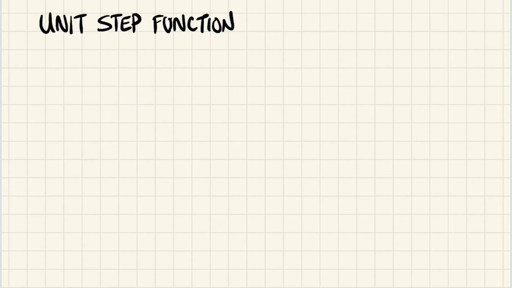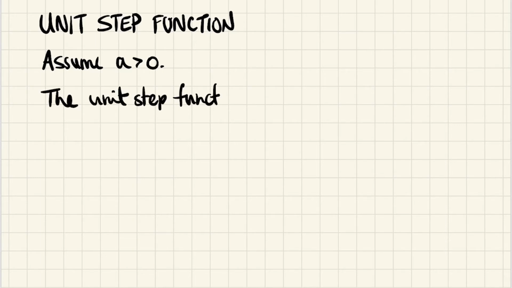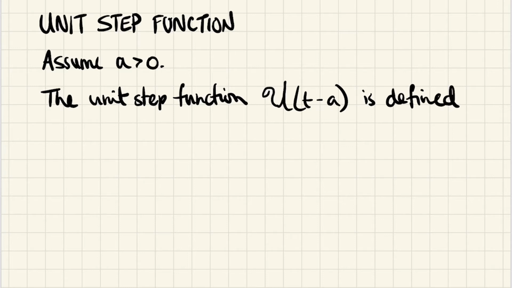So let's quickly define this thing. So we'll assume that little a is a positive number, and that's going to be where the function switches from off to on. So the unit step function, which is denoted with this fancy cursive U, and I'm not going to write that anymore, I'm just going to use a capital U from now on, that's too hard, is defined as follows.